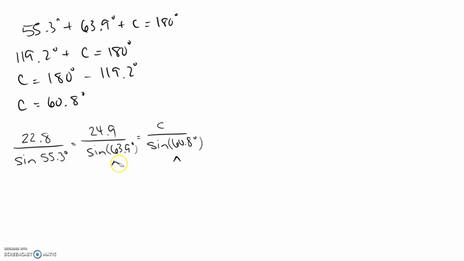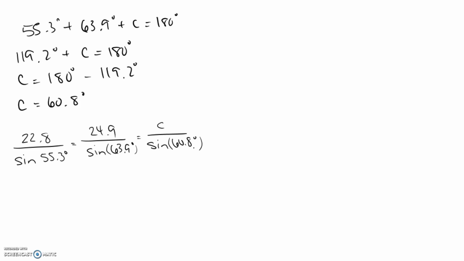I'm going to go with the first option just because I calculated this number right here, and if I got it wrong, then that's going to give me an incorrect answer for C. This right here was the information that was given to me, so I didn't calculate anything there. So I'm going to set those two equal to each other. But if all your calculations are correct, then you could set either one equal to C over sine of 60.8, and it'll come out to the right answer. But just in case there was a mistake, I'm going to go with the one that they gave me.